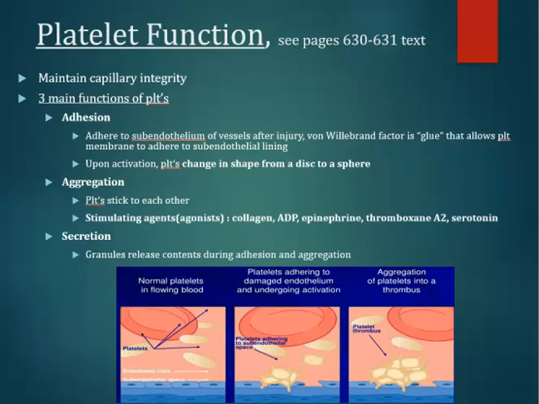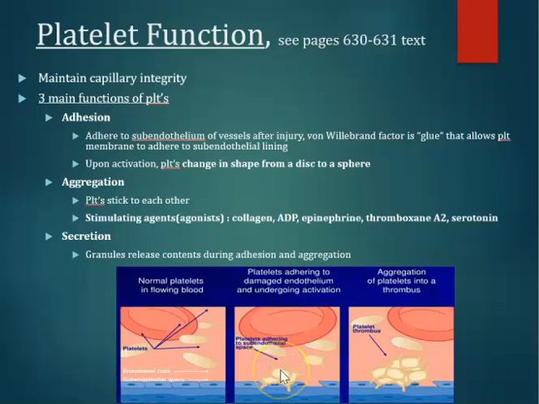And you can see the chart at the bottom, the images showing the different steps of platelet function. There's normal platelets flowing along in the blood, but when there's damage to the vessel wall, see, this is the vessel wall here, and in this case there's been damage to the endothelium, so the platelets have been activated.